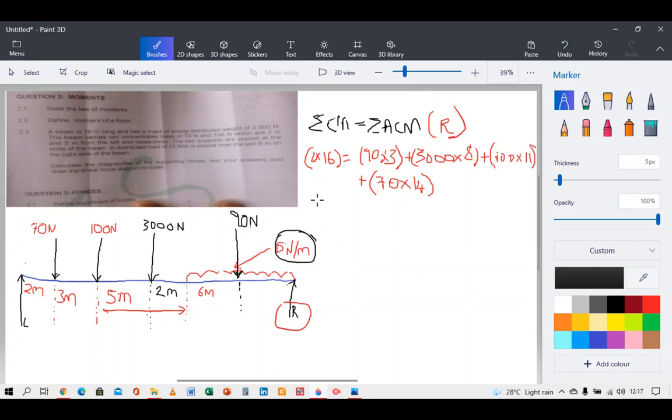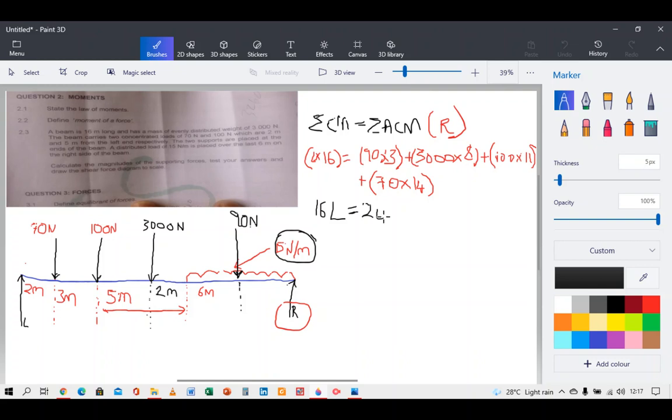This part we are going to have, let me use another pen. We are going to have 16L equals to, when you punch this on a calculator, you get what?